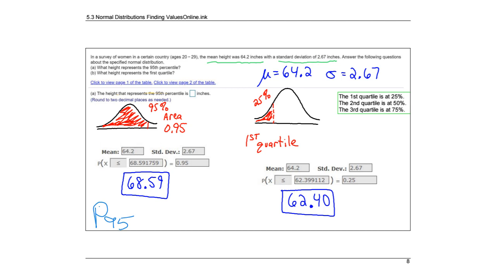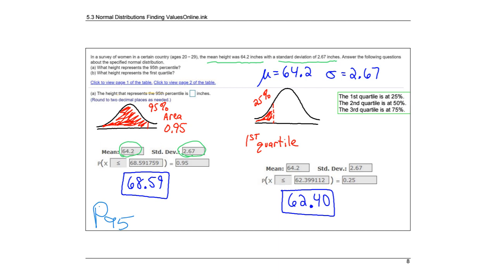So when I go into the normal calculator in StatCrunch, I need to put those in. So I'm going to put the mean of 64.2 and the standard deviation of 2.6. Now, if you do these by hand using Help Me Solve This, they're going to make you change those and use a formula. So let's stick to StatCrunch and let StatCrunch do most of the work for us.